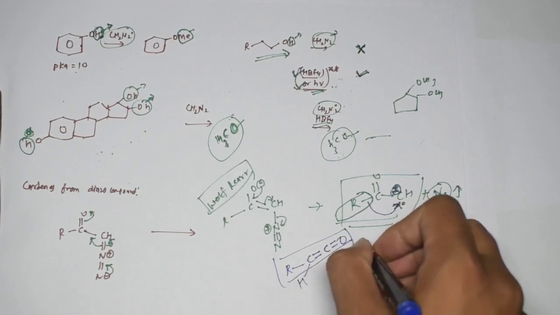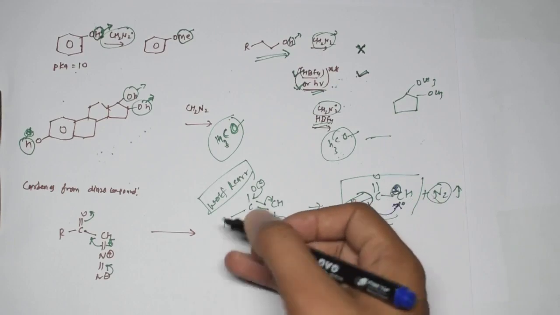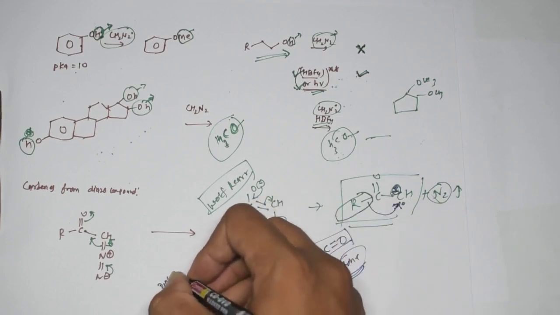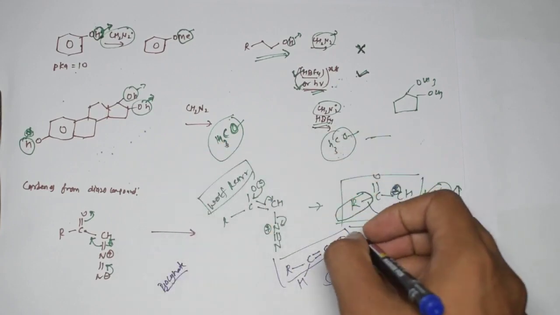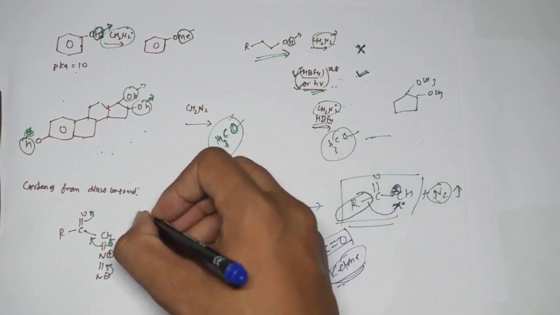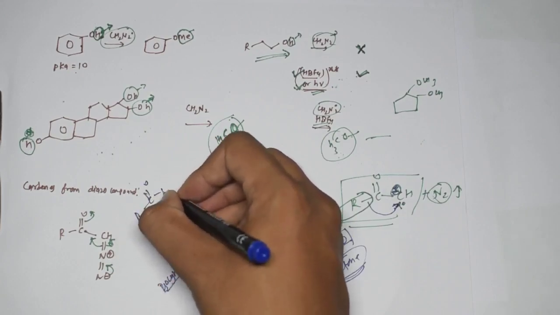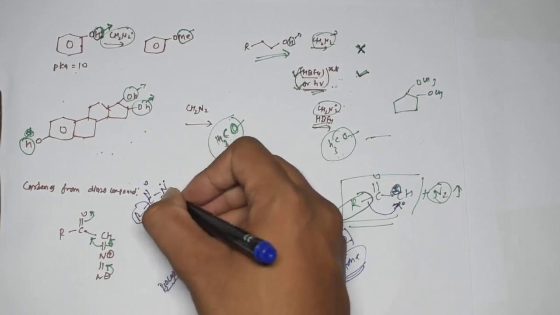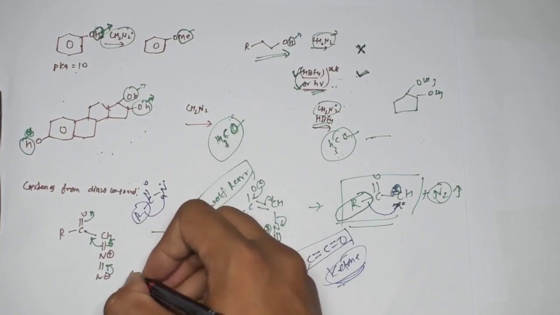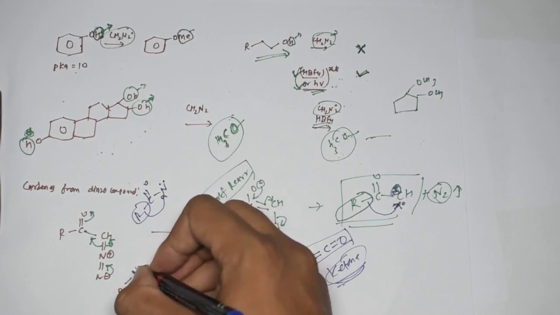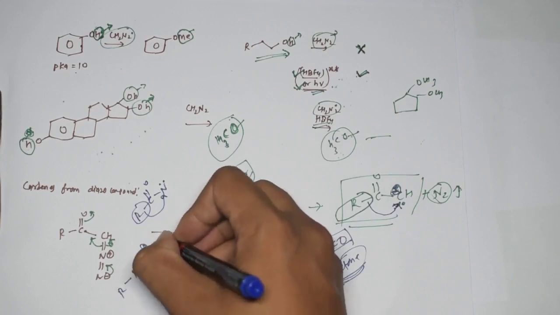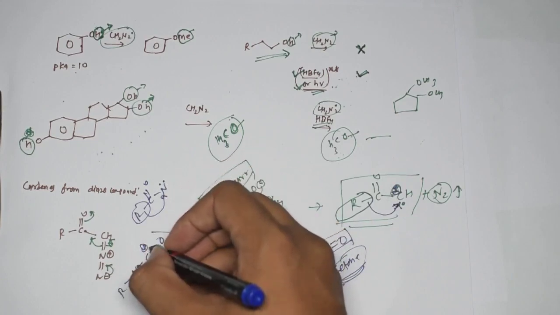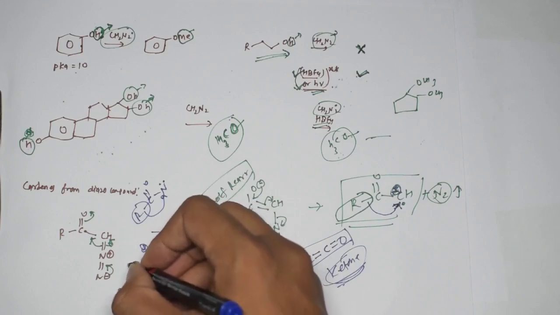Once we discuss the nitrene, in that case an isocyanate is formed. There is not much difference between the carbene reaction and the nitrene reaction. If I take something like RC double bond O N, in that case this R will migrate over here, and this is going to form R N. Here we will have a positive charge on this carbon, because this group has migrated from here to there.